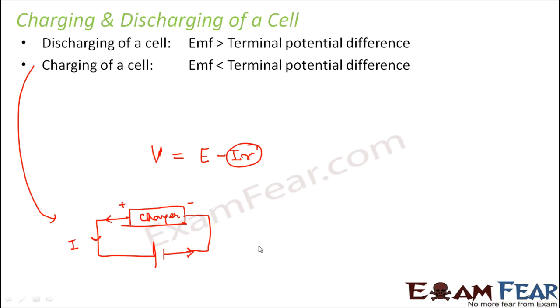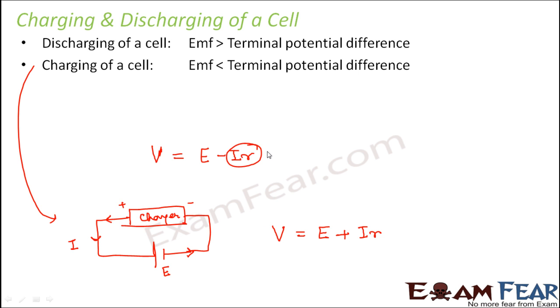Now in this case, what happens is the terminal potential difference becomes equal to EMF of the cell plus Ir. So the charger provides the current which charges the cell in this case. So in this case, the direction of the current has changed. So even if E is the EMF of this cell, this time the terminal potential difference is equal to EMF of the cell plus Ir.